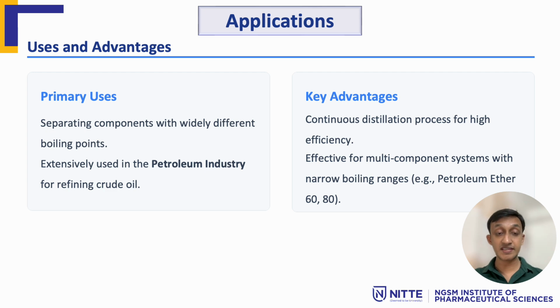Some key advantages include continuous and efficient operation suitable for multiple component systems, and effectiveness for petroleum fractions with narrow boiling range. These petroleum products are often waxes and other components which are used in pharmaceuticals as the base materials for preparation of various pharmaceutical formulations.